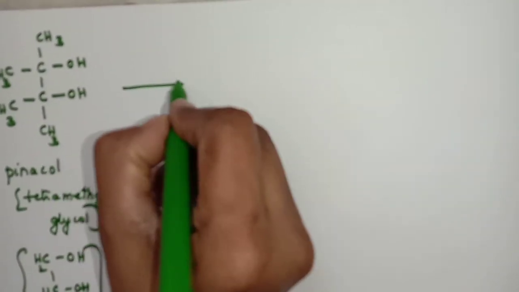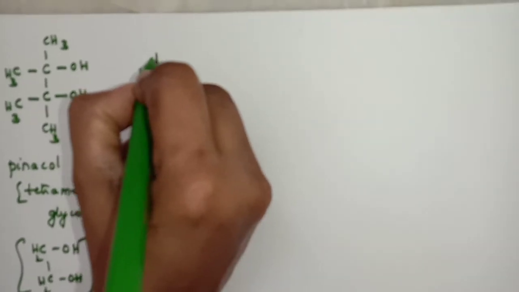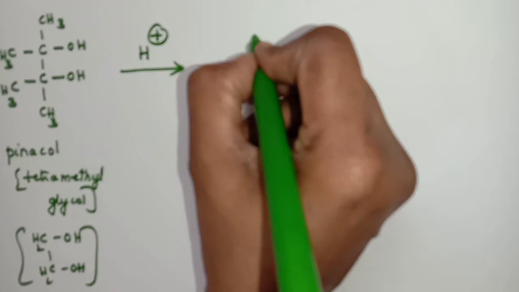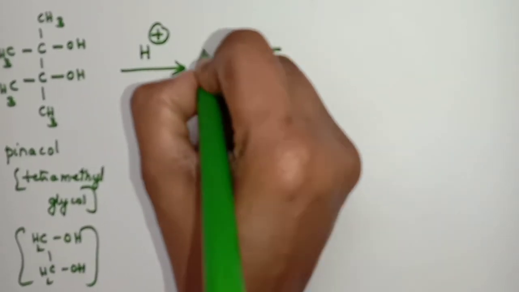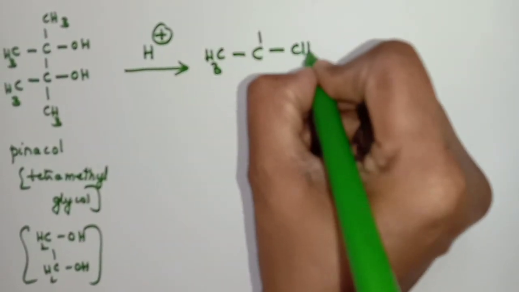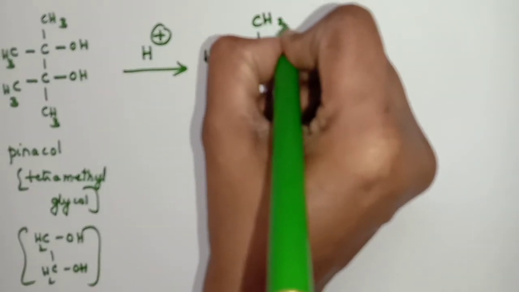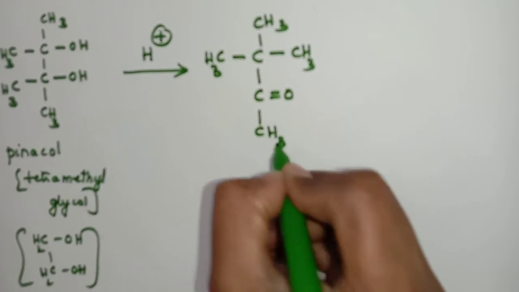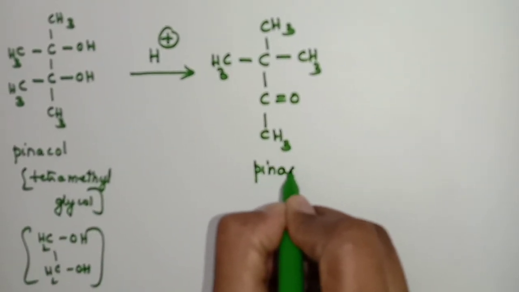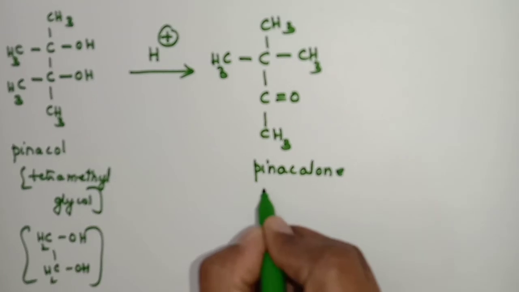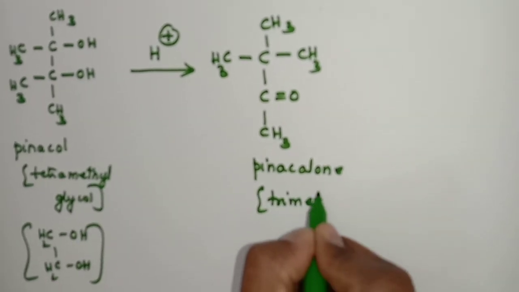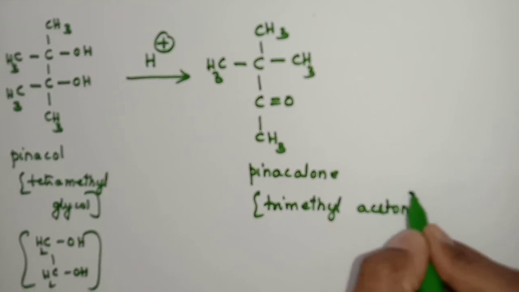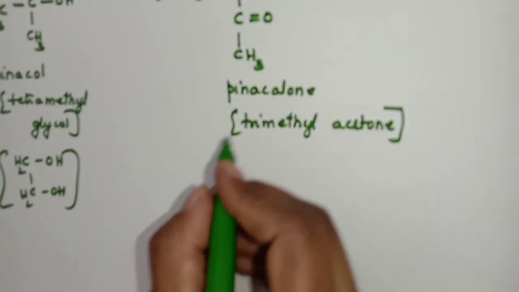So this on rearrangement in the presence of an acid forms pinacolone. What is pinacolone? Trimethyl acetone. This is called pinacolone or trimethyl acetone.